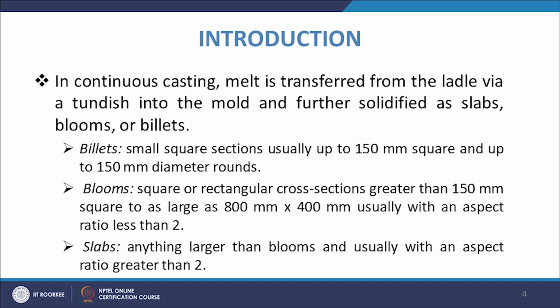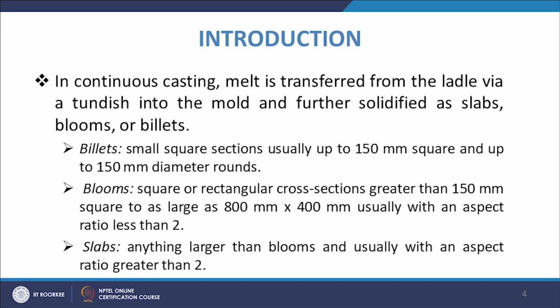Blooms are square or rectangular cross sections greater than 150 mm square, up to as large as 800 mm by 400 mm, usually with an aspect ratio of less than 2.